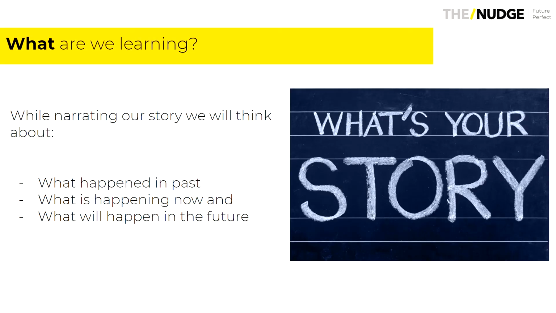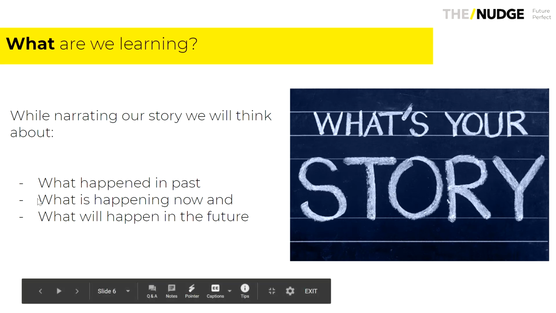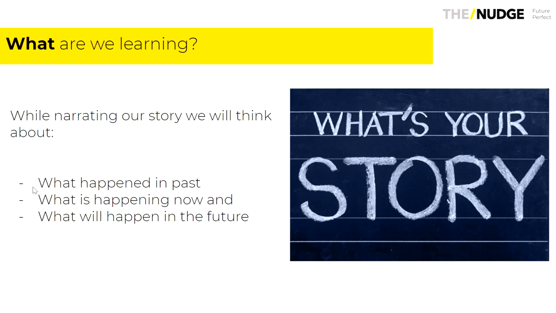Now, when we want to narrate our story or describe our history and our experiences, we can do so by following these 3 points. First, we can begin with what had happened in the past, some stories about your past, and then we can continue with explaining what is happening at the moment, right now, in the present.